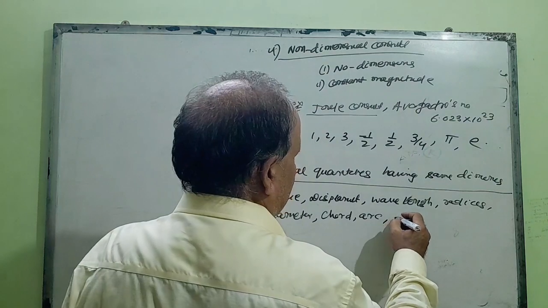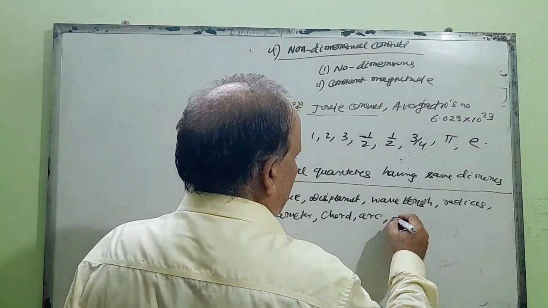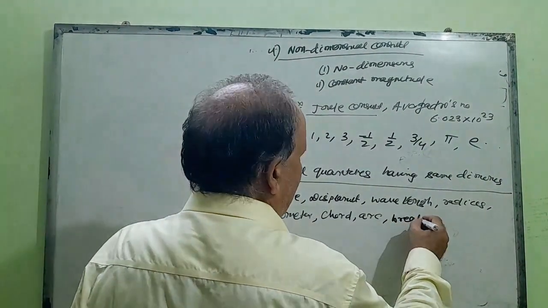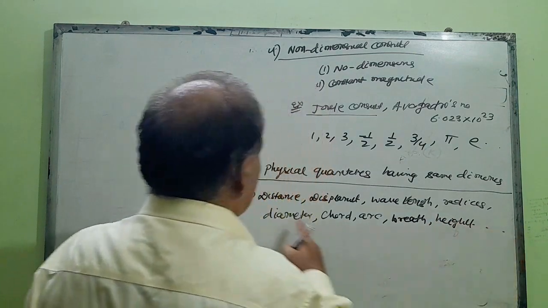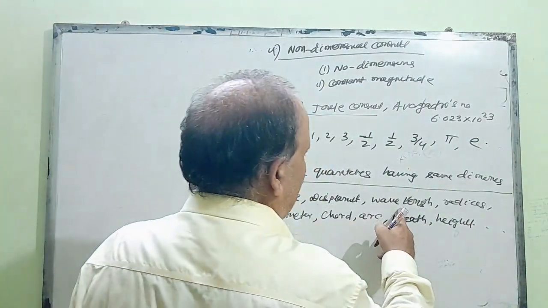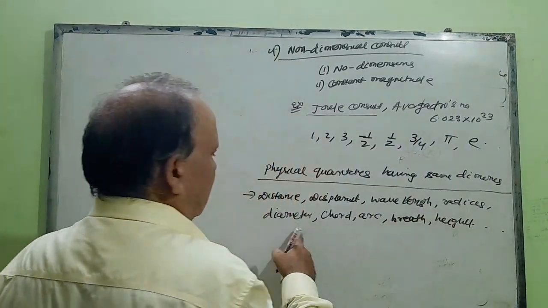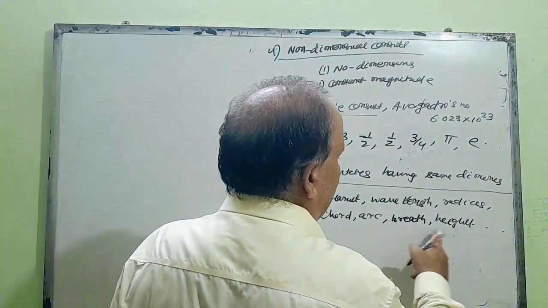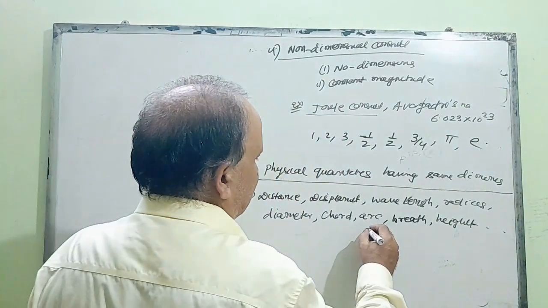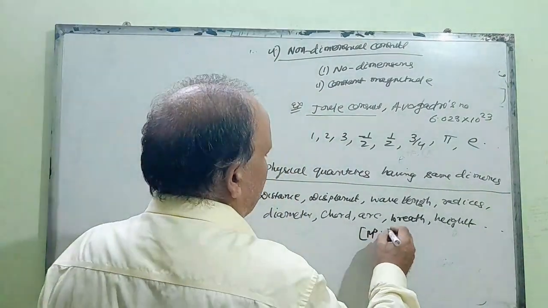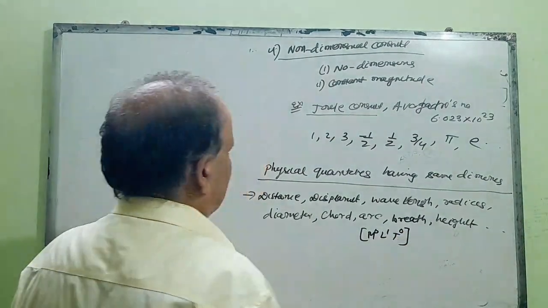You can write breadth, height, like this. Distance, displacement, wavelength, radius, diameter, chord, arc, breadth, height, all these have same dimension, that is their dimensional formula is M0, L1, T0.